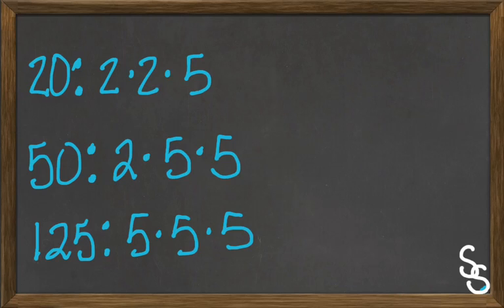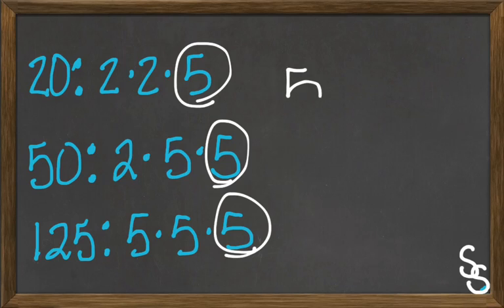Now that I have the prime factorization, I like to write these out so that I can more easily compare them. If you'd prefer to leave things in the factor tree, that's fine too. So now I look and 20 and 50 have a 2 in common, but not 125. So it looks like there are only 5s in common. So we've got 1 5 in common with all of them.